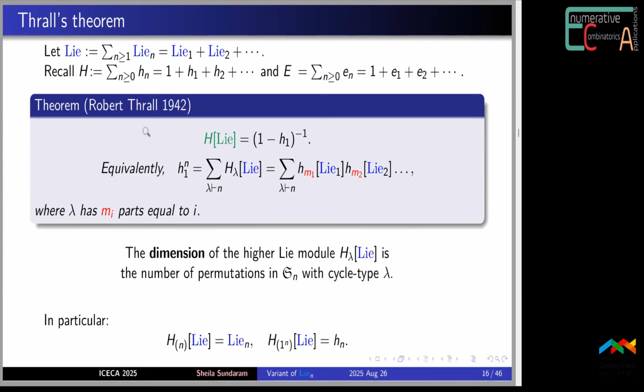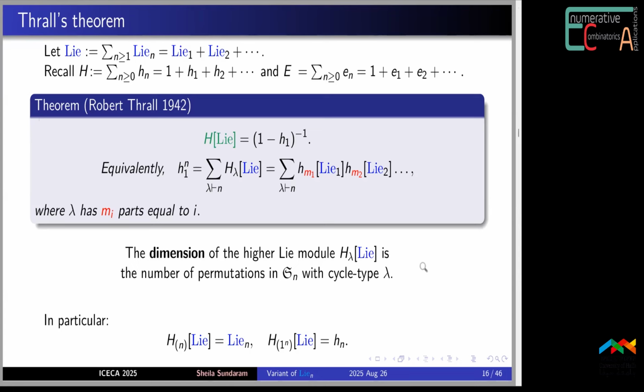So if you unravel that, what you're getting is that H1 to the n is the sum over partitions lambda of n of these higher Lie modules, H lambda of Lie. So this is a different decomposition of the regular representation, again indexed by partitions of n. And the components are now these higher Lie modules.